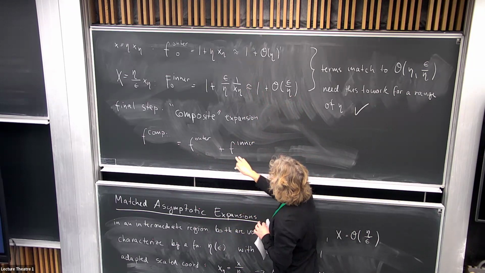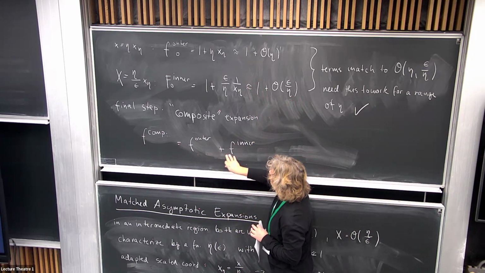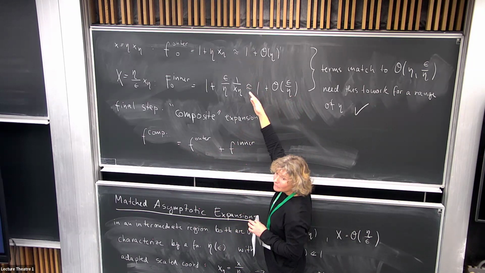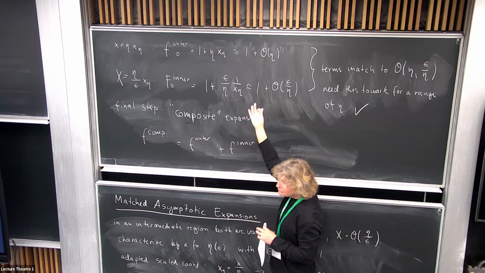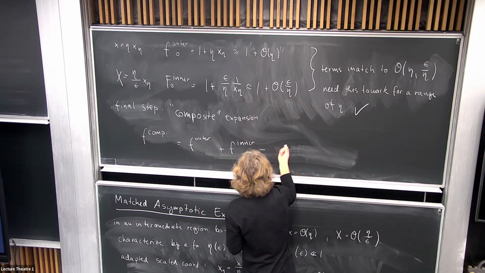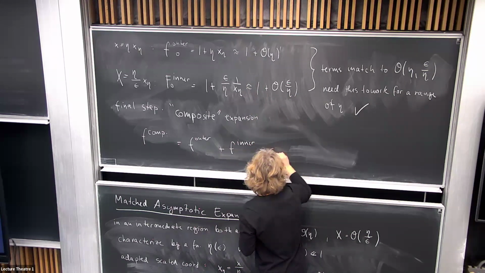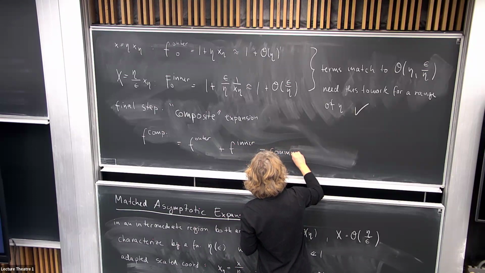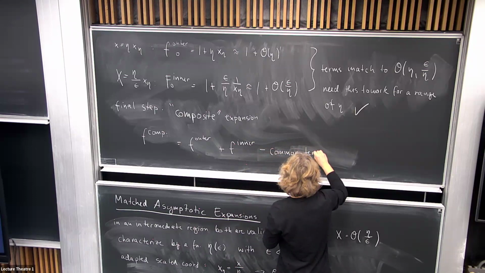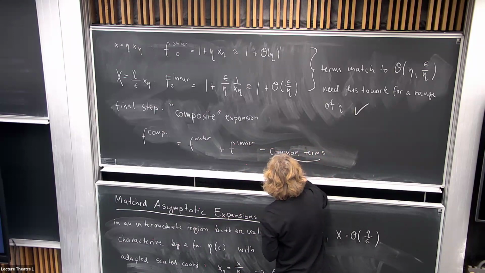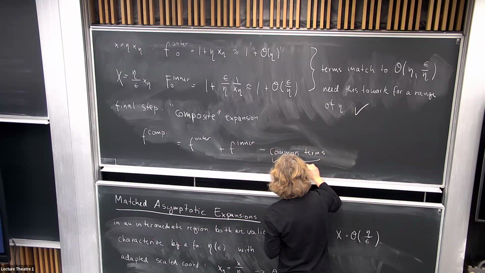So if we just add these two solutions, it would double count this common content. So we have to subtract it, because otherwise it's double counted and then it doesn't give us the right answer. So minus the common terms. And these are identified from matching.